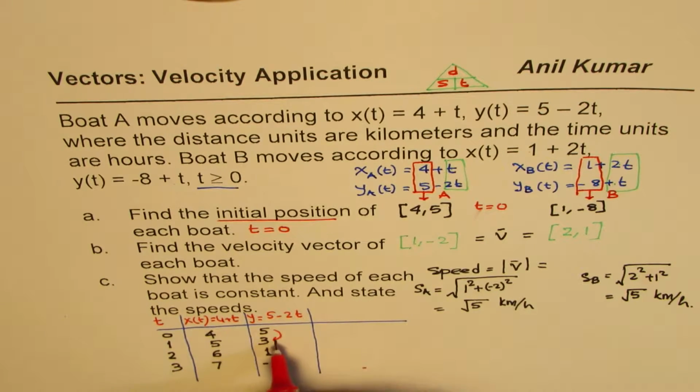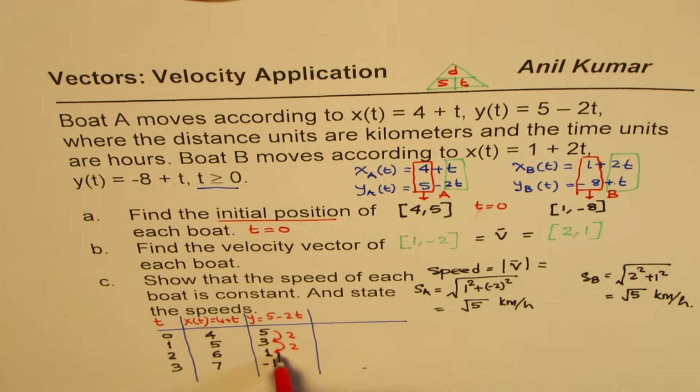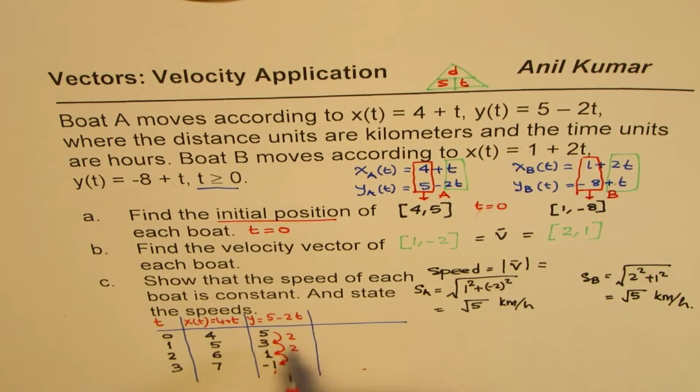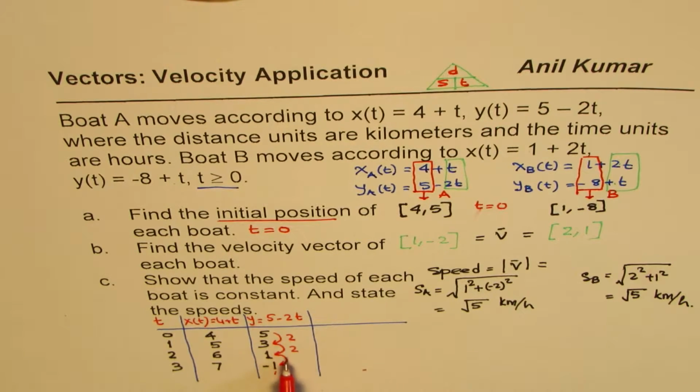This difference is 2. Do you see that this difference is 2? So this is my common difference, delta. Since the common difference is 2, we can say it is linear, constant, correct? So that is kind of an idea for you. It's moving at a constant rate.